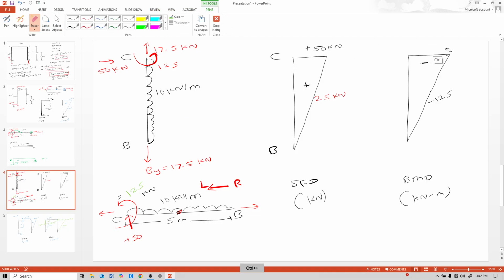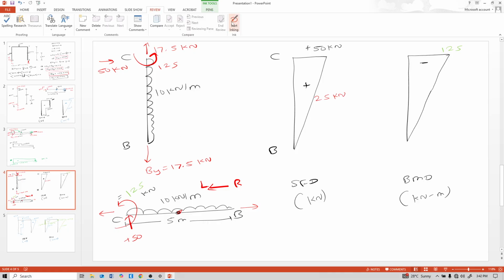See here, 125 movement comes, and at mid, see at mid, 50 into 2.5 minus 125 minus 10 into 2.5, so minus 25.